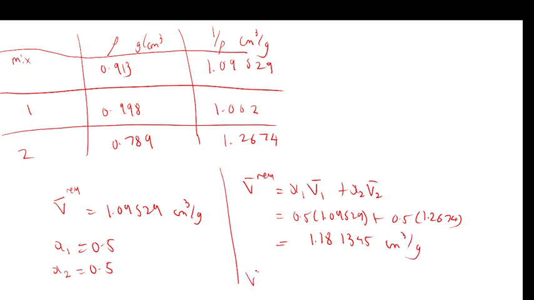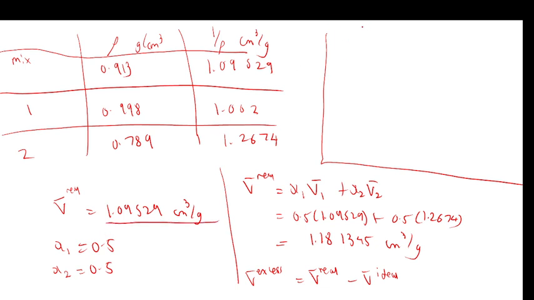So we can now find our Vxs to be our V real minus our V ideal. So I'll do that at the top here. For the real one, we are going to have this here, that's the 1.09529. And then the ideal one is going to be this down here, 1.181345.